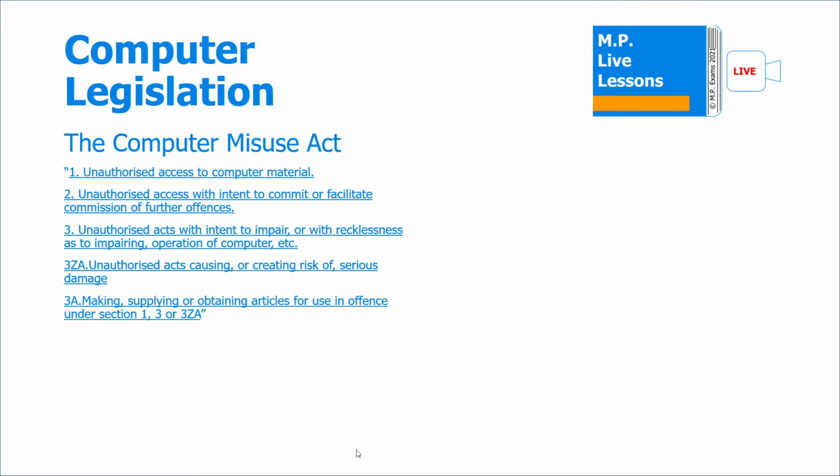Second is using computers to commit other offences. Number 3 is to break a computer. 3ZA is the same again. And 3A is helping anyone else who commits the Computer Misuse Act or breaks it.